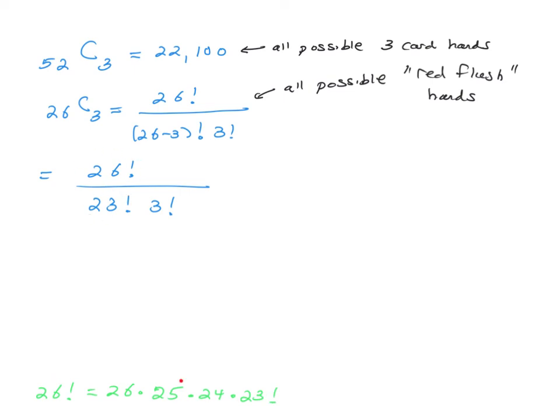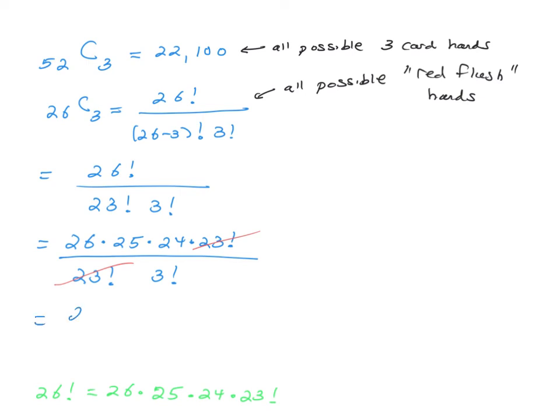So the numerator is 26 times 25 times 24 times 23 factorial, all divided by 23 factorial times 3 factorial, meaning we can cancel the 23 factorial and call 3 factorial 6. So this whole expression is 26 times 25 times 24 all over 6.